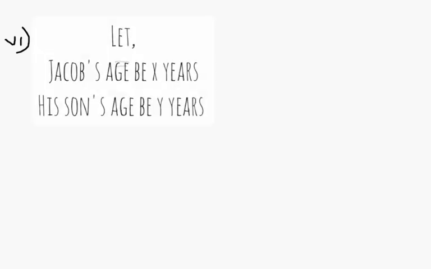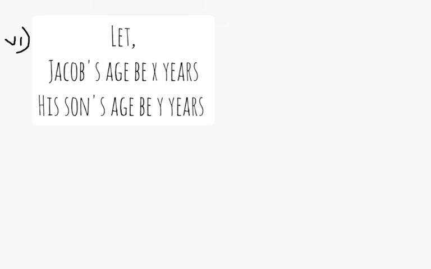Now last question, 5 years hence the age of Jacob will be 3 times that of his son. 5 years ago Jacob's age was 7 times that of his son. What are their present ages? Okay, so we take Jacob's age as x years, and we take his son's age as y years.